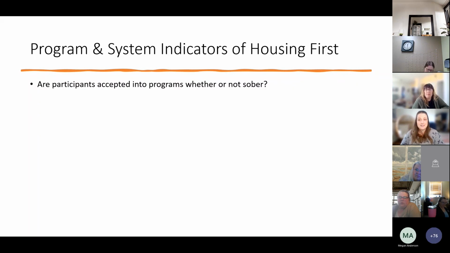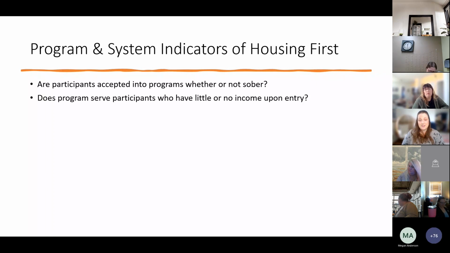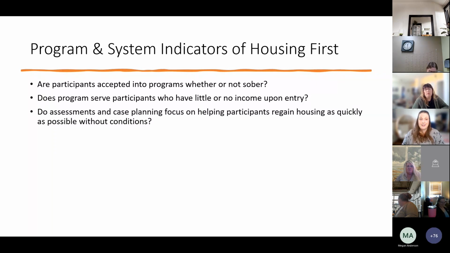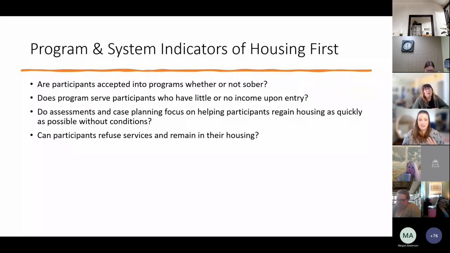So some program and system indicators of Housing First are looking at: are participants accepted into programs whether or not they're sober? Do they have to have income? We have assessments and case planning. Are they really centered around housing, and housing as quickly as possible?